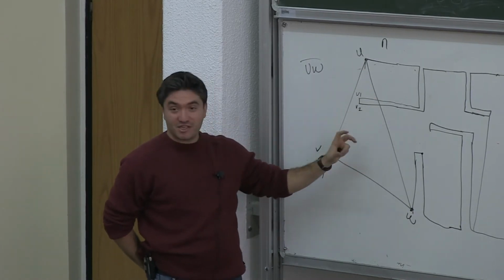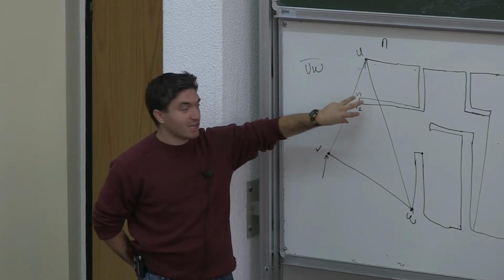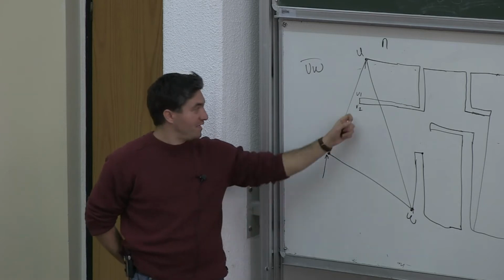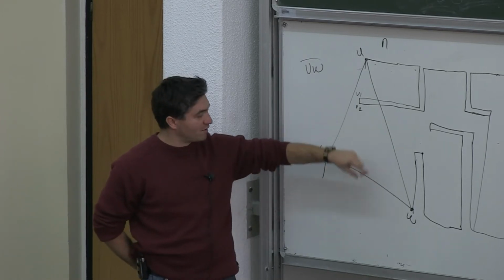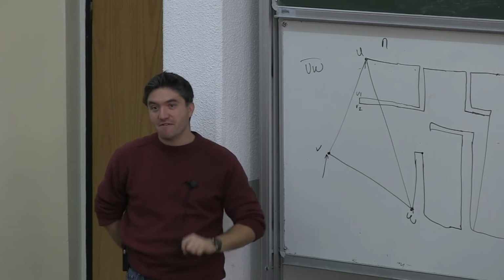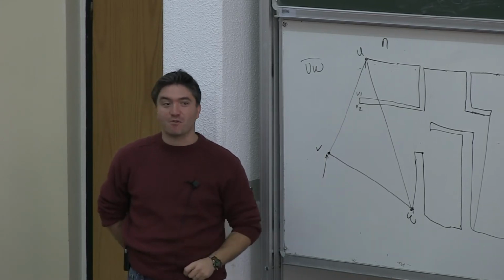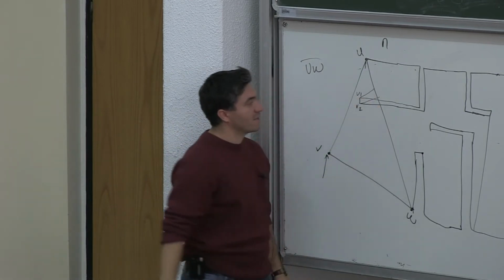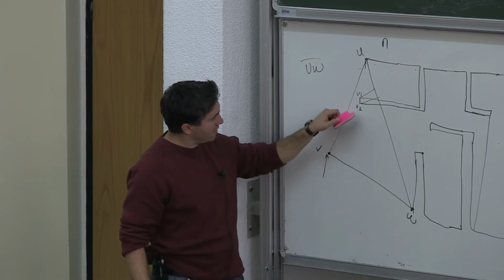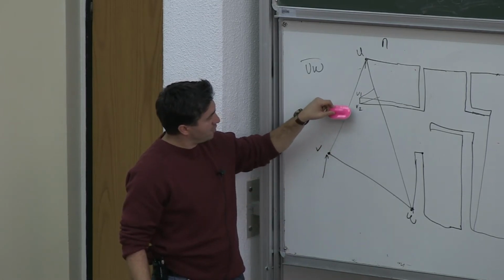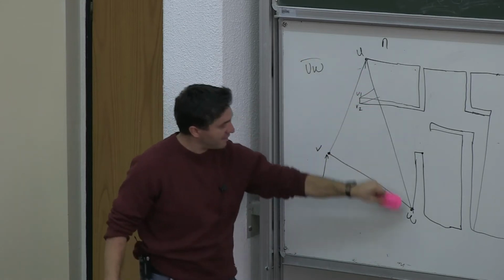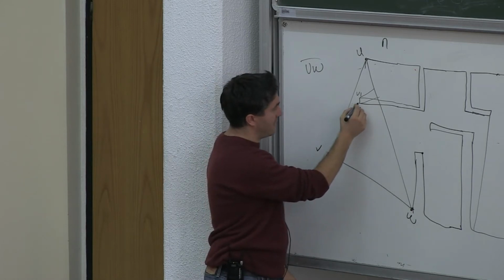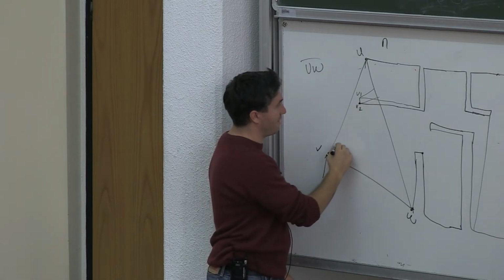If it intersects some edges, it means that some vertices lie to the left of this line segment UW. What I do is, out of all the vertices that lie to the left of UW, I select the one which is farthest away from UW. So I compute the distance of V1 and V2 to the line segment UW, and I select the farthest and connect it to my V.